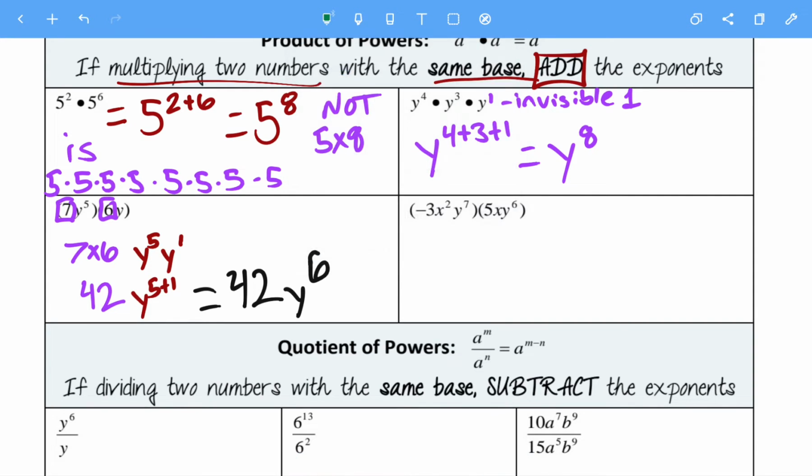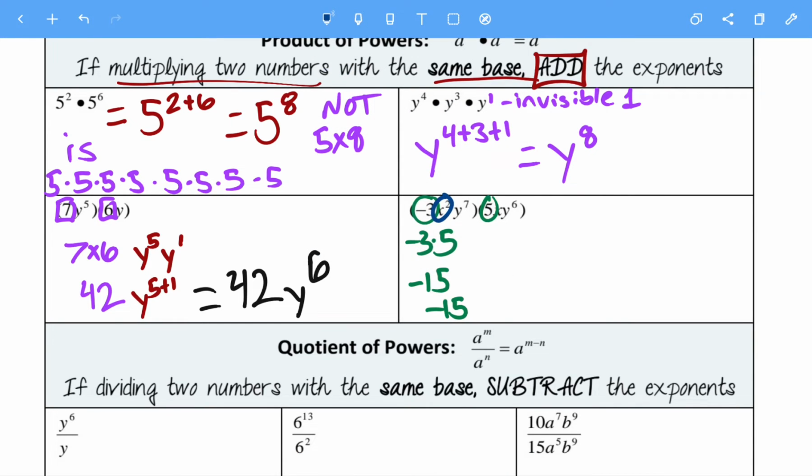Let's look at another example here. We have negative 3x to the second power y to the 7th times 5x y to the 6th. So first, let's tackle our coefficients. That's negative 3 times 5, which is negative 15. I'm just going to write it here.